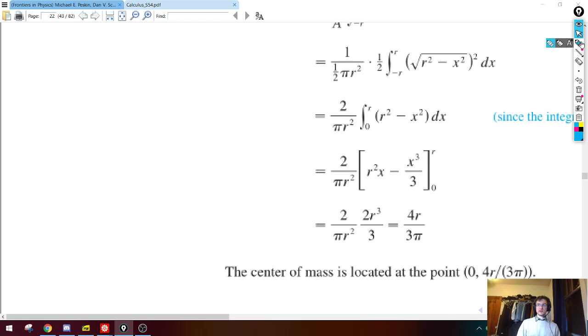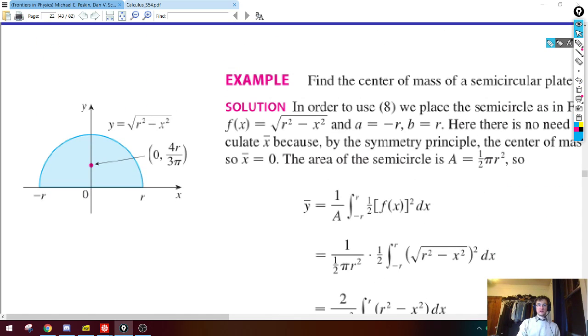So the final answer is 4r over 3 pi. Okay, and visually it makes sense, since the center of mass is on this vertical axis at 4r over 3 pi. It kind of prefers the larger amount of y mass, which is near the base of the semicircle, less so than towards the top.